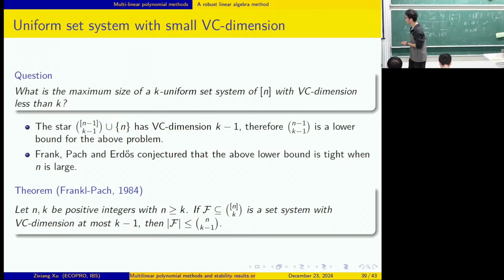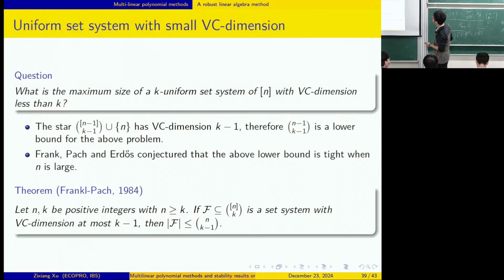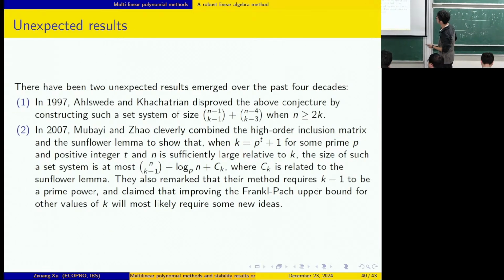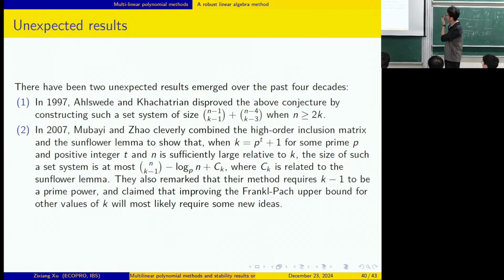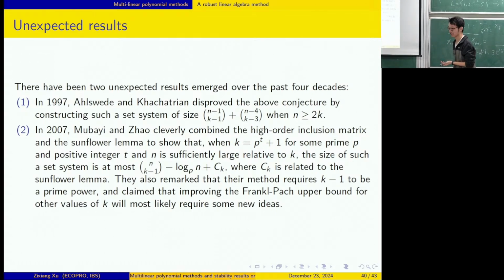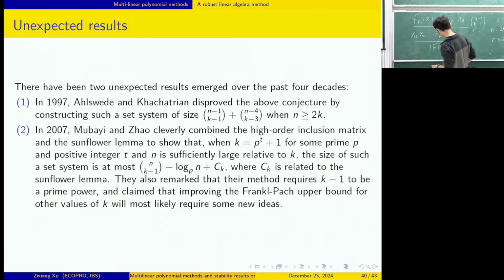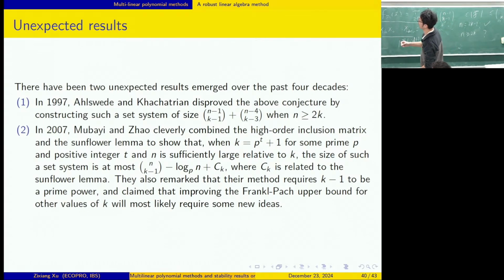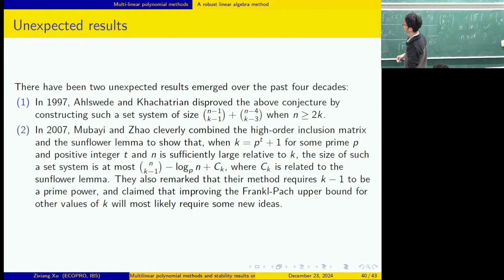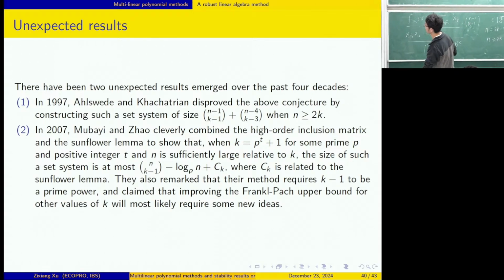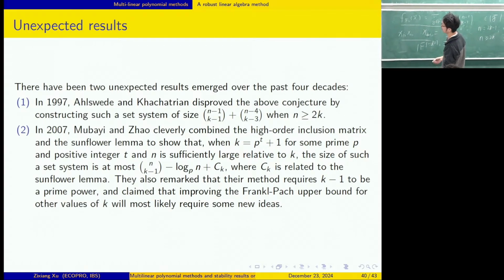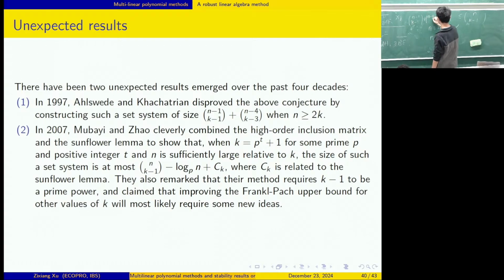Okay, so very surprisingly, there are two unexpected results. The first is that the lower bound is not sharp. They construct a set system which has size n minus 1 choose k minus 1 plus n minus 4 choose k minus 3.